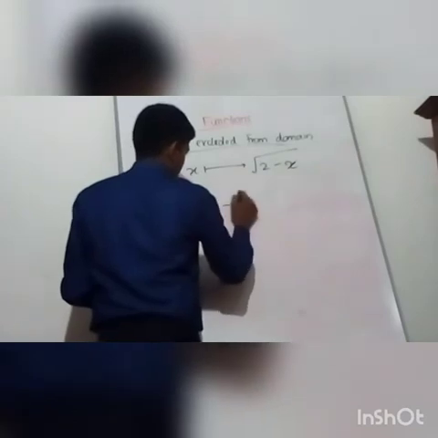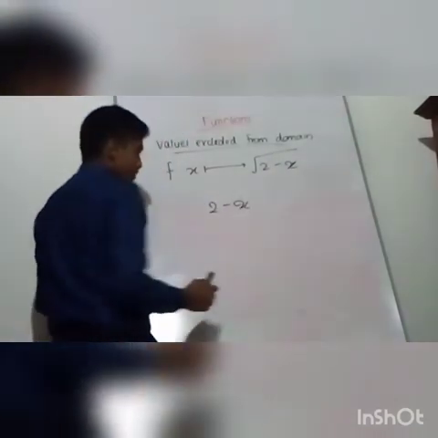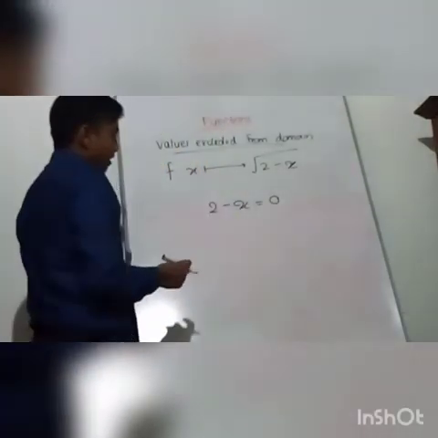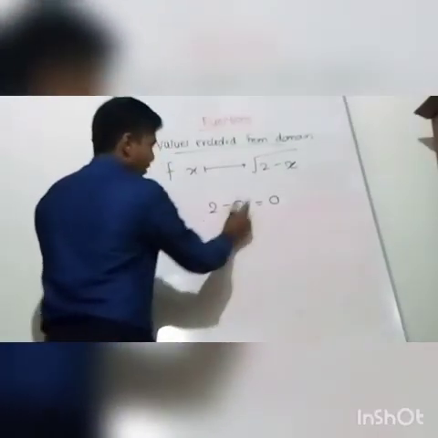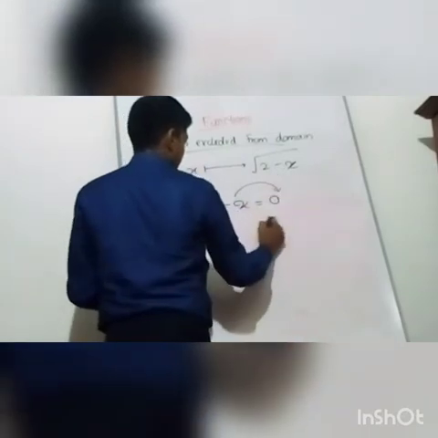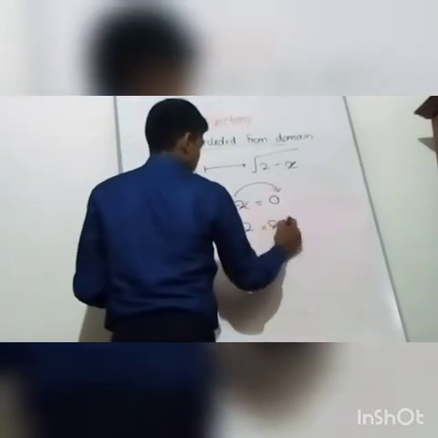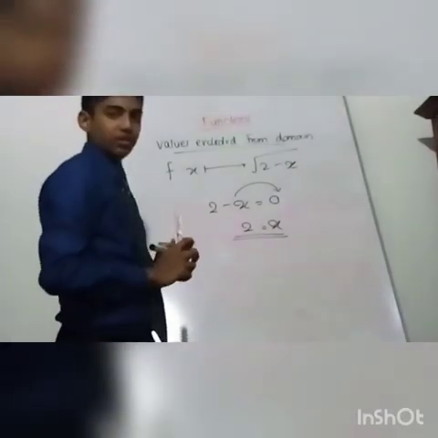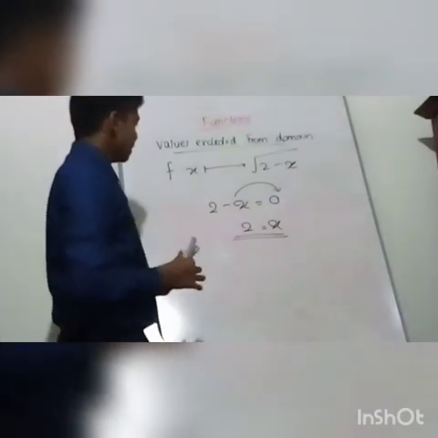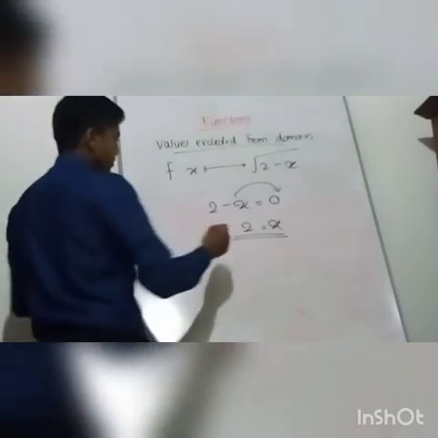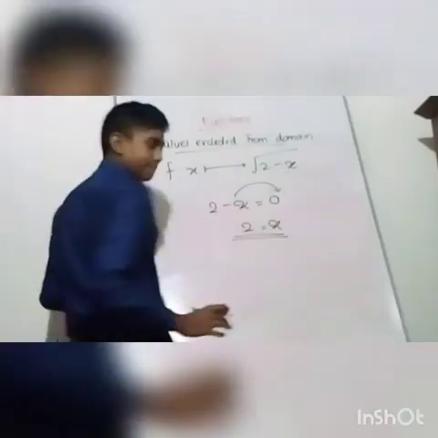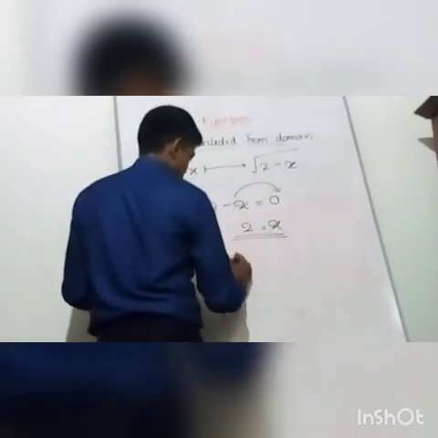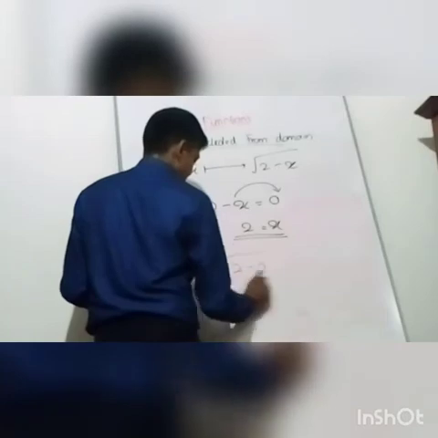I'll take 2 minus x will be equal to 0. Then to make this positive, I'll take this x this side and I will write 2 equals x. 2 is equal to x. Then I will substitute this 2 here. Then I will get 2 minus 2, I will get 0.